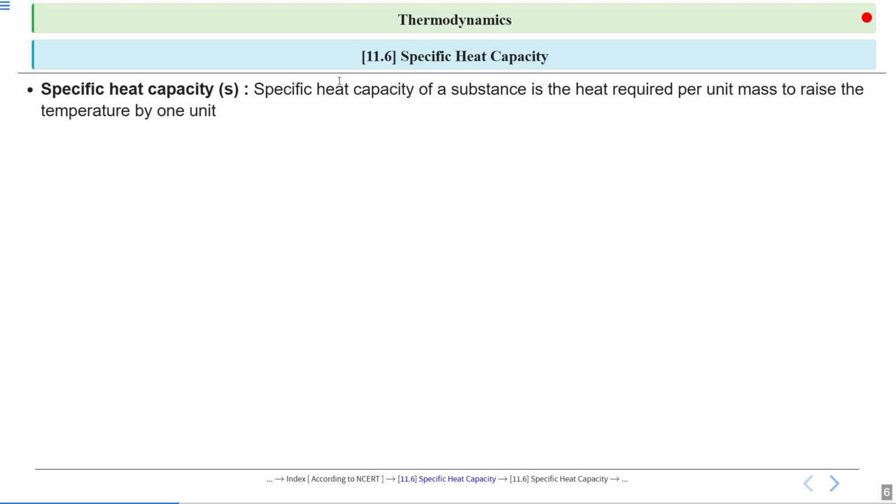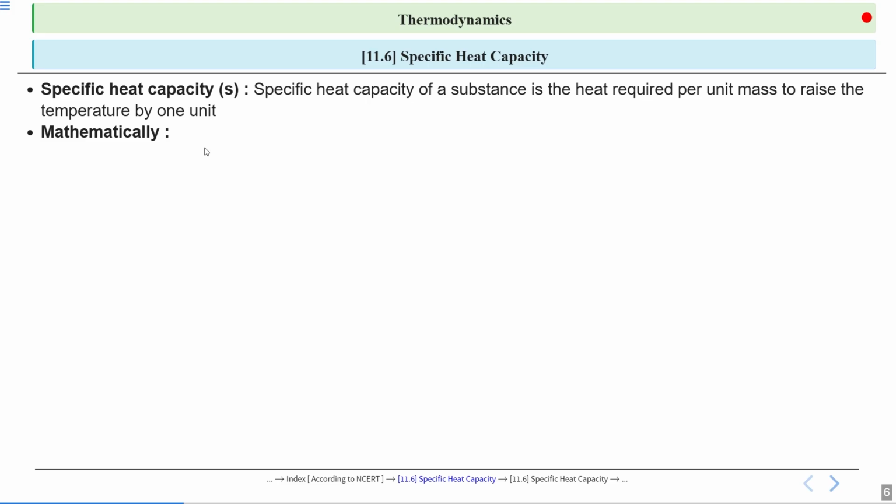Here the term specific is used for unit mass. So the heat required to raise the temperature of 1 unit mass by 1 degree Celsius is the specific heat capacity.